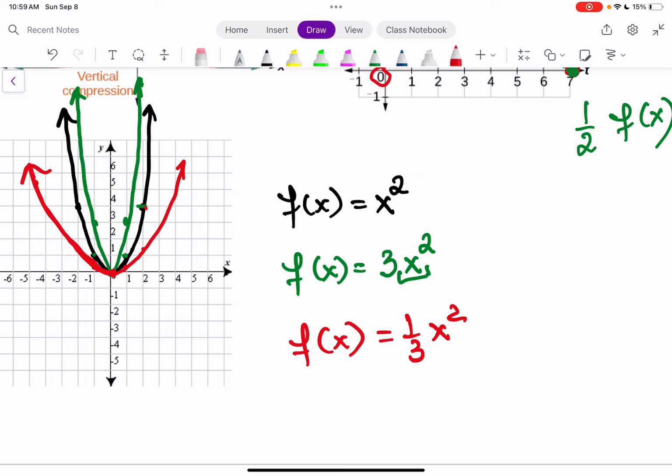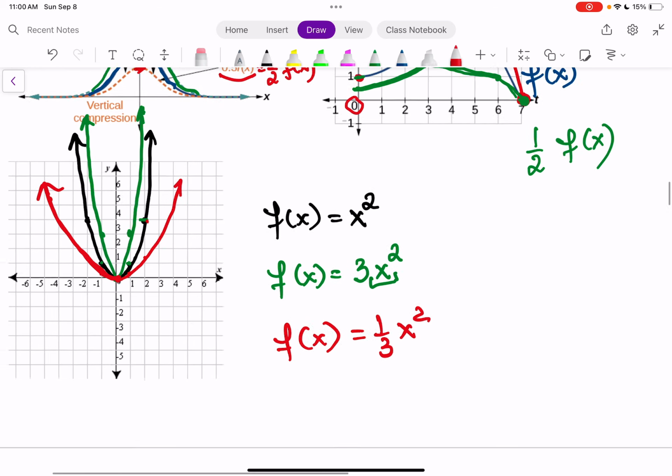So as you see, the graph got squished, compressed vertically by a factor of 3. So it goes up 3 times as slow as before. Okay, so that's what a vertical compression looks like.